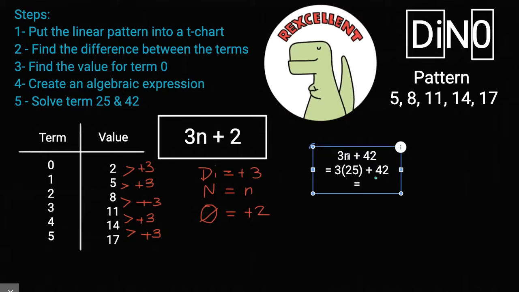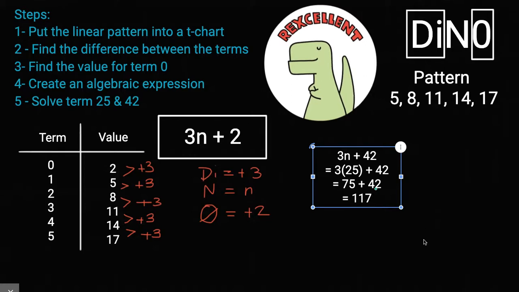And then I can start my solving process. 3 times 25 is 75 plus 2. Okay, I'll give you a second there. 117. I'm going to take out my trusted calculator to see if I did that math right, and I did.